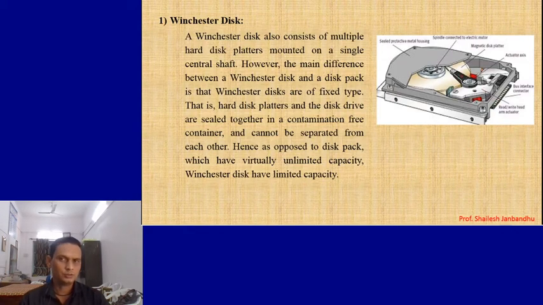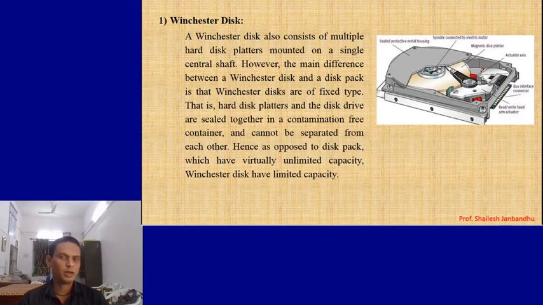A Winchester Disc also consists of multiple hard disk platters mounted on a single central shaft. Today we use the SSD card, but two or three years back we used the Winchester Disc. All the laptops have the SSD card, but desktop computers normally use the Winchester Disc, where all the platters are mounted one on another.